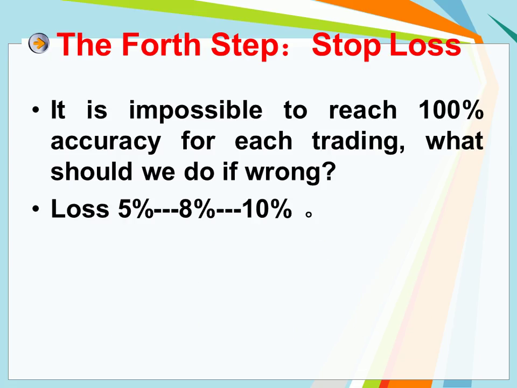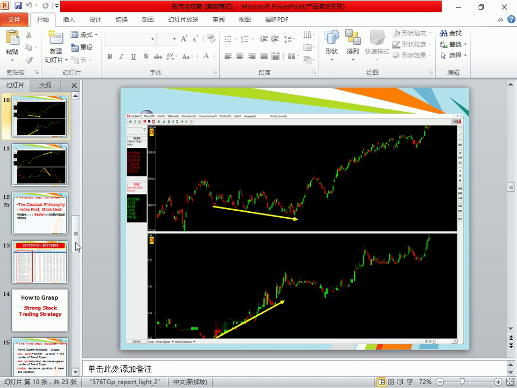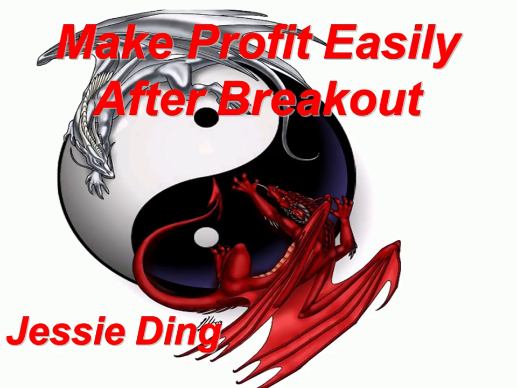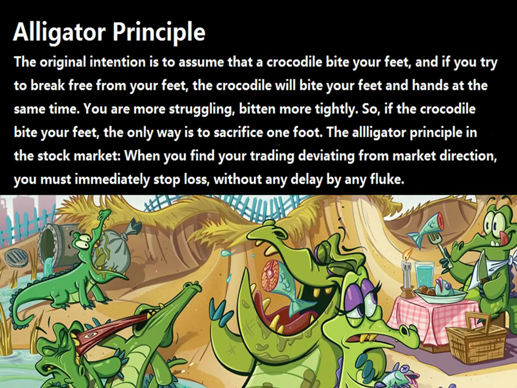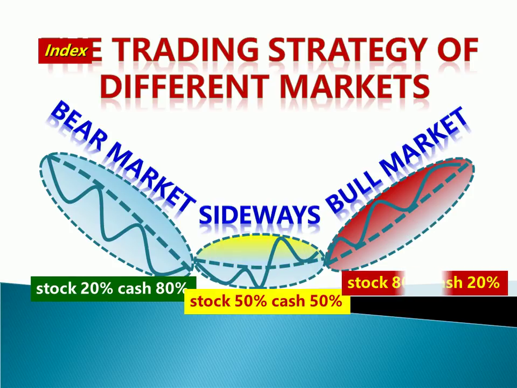Okay, so let's review today's course. Today we just learned some things. Firstly, we know the alligator principle, how to use this principle in your stock trading. Okay, so the problem for investors is the trading strategy of different markets.